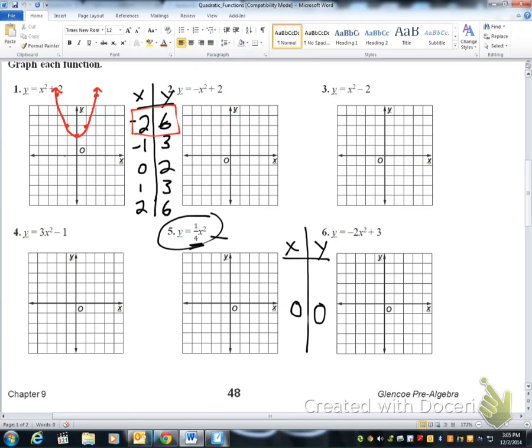Now, you can still pick negative 1, negative 2, 1 and 2, but I'm not going to pick 2 and 4 and negative 2 and negative 4 just because I'm doing 1/4 of something, which makes it slightly bigger numbers to work with.